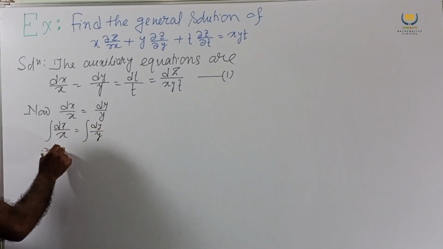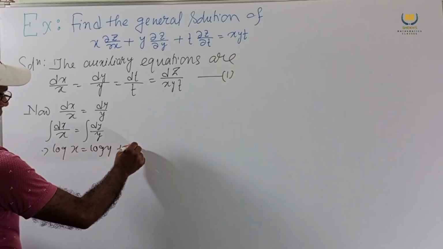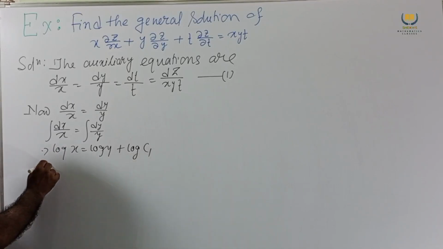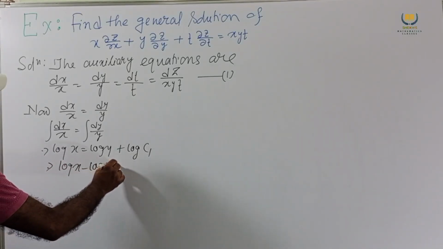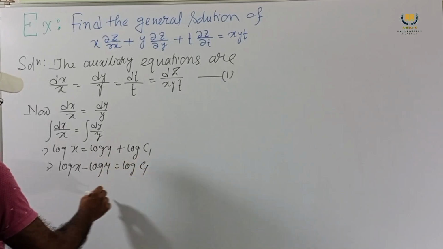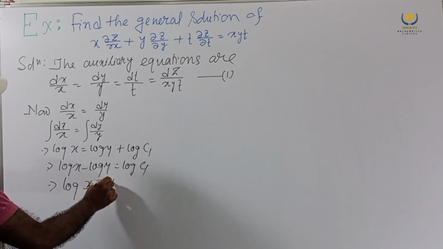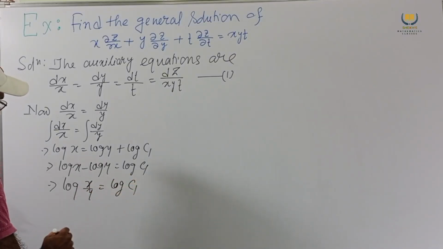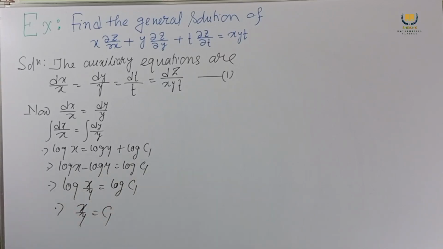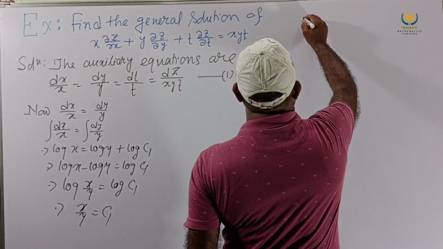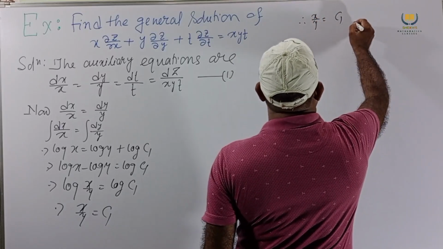This is log x - log y = log c1, so log (x/y) = log c1, and x/y = c1. Therefore we get x/y = c1.